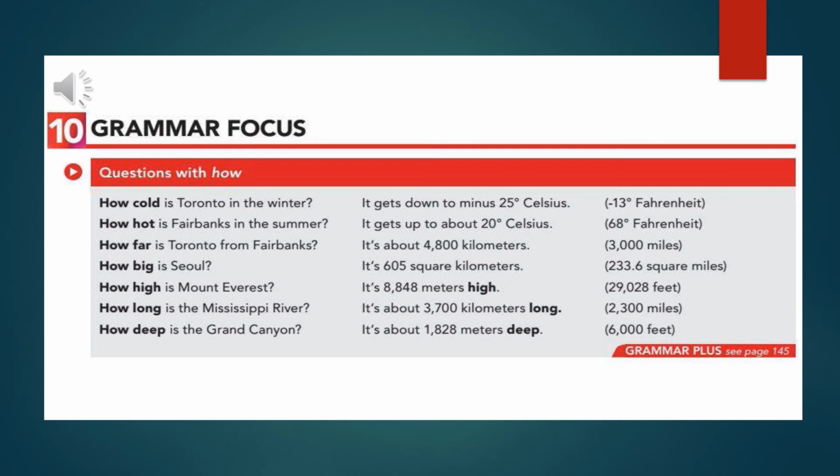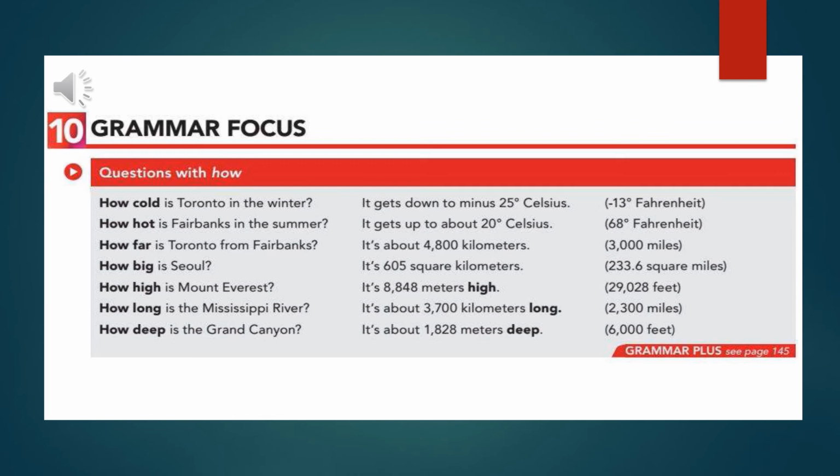How big is Seoul? It's 605 square kilometers, 233.6 square miles. How high is Mount Everest? It's 8,848 meters high, 29,028 feet.